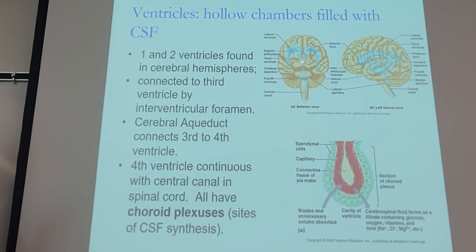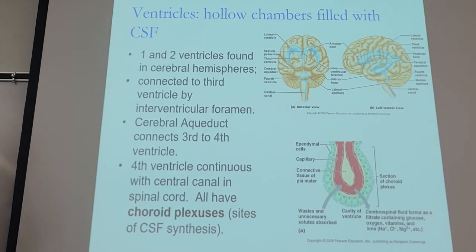The third ventricle, which lives near the thalamus and the hypothalamus, the diencephalon. And then you've got the cerebral aqueduct that connects the third ventricle to what? The fourth ventricle. And then the fourth ventricle ultimately connects to the central canal of the spinal cord, where cerebral spinal fluid can flow all the way down the length of the spinal cord.